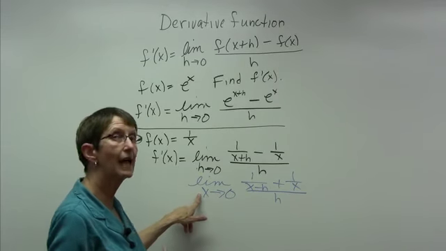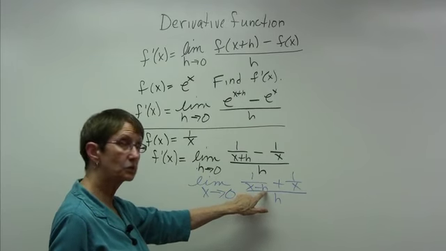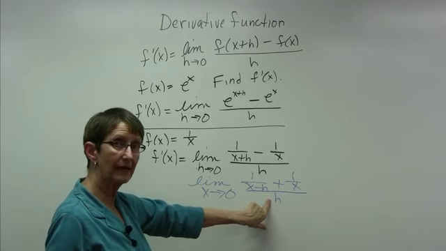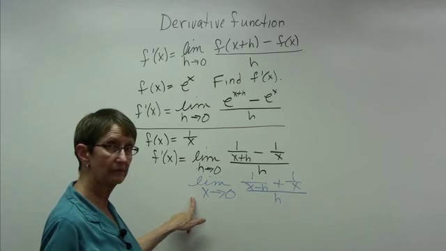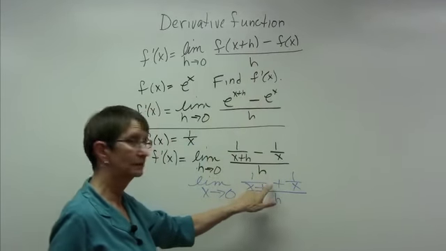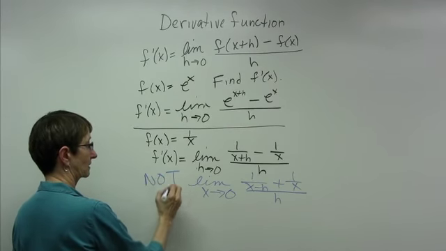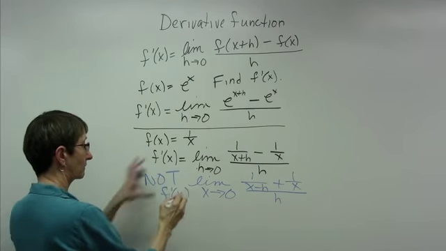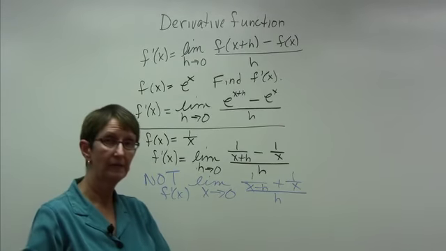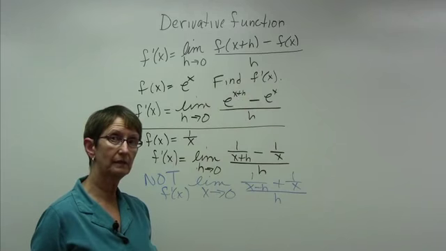This should say h approaches 0. This should say x plus h because this is a positive h. And this should be a positive h. The plus is not right because it's minus. So this is not f prime of x for this particular function. So do be very careful that things match up correctly.